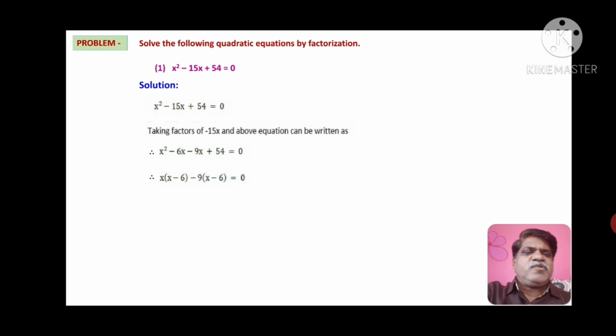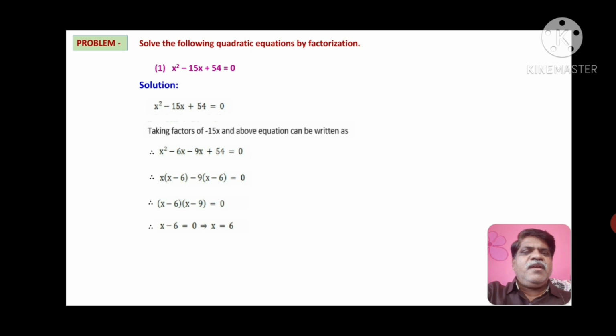In this representation, x minus 6 is common, so we take it out, and the other bracket that is left is x minus 9. So the product of these two terms is equal to 0. Therefore, if AB is equal to 0, then either A is 0 or B is 0.